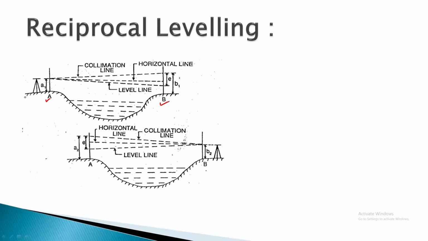Simultaneously, we need to take the same measurement by changing the instrument station to point B. At point B the staff reading is B2, and in the opposite corner, at A, it is A2.